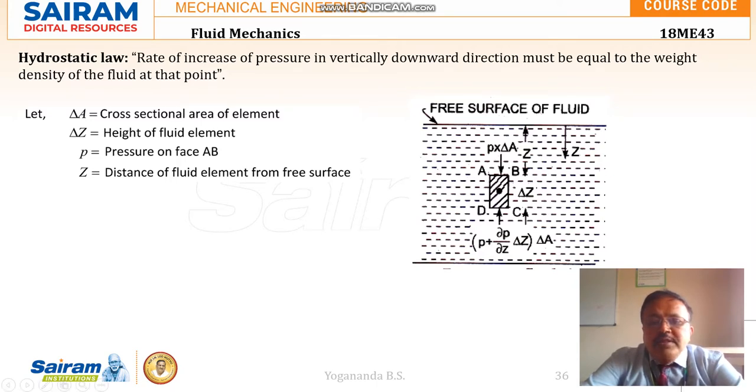So the upward thrust is P plus del P by del Z of dz, multiplied by the area of the fluid element, that is delta A.